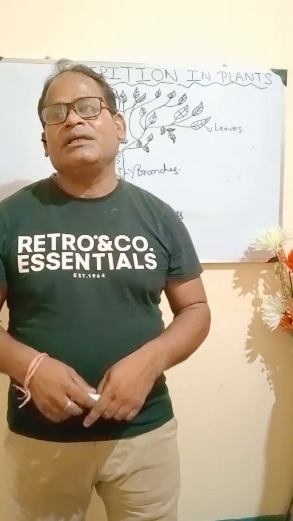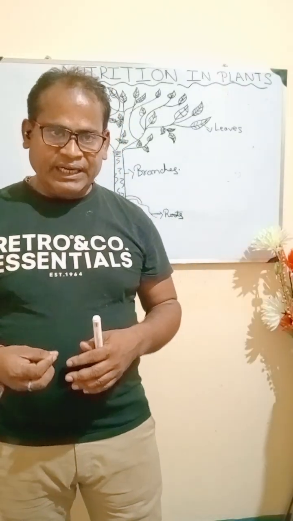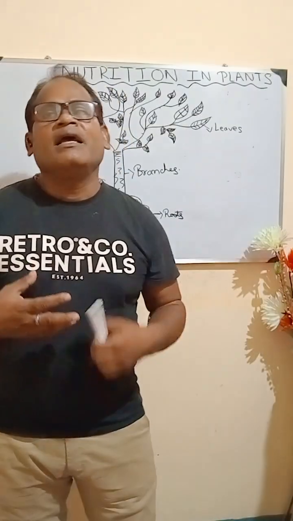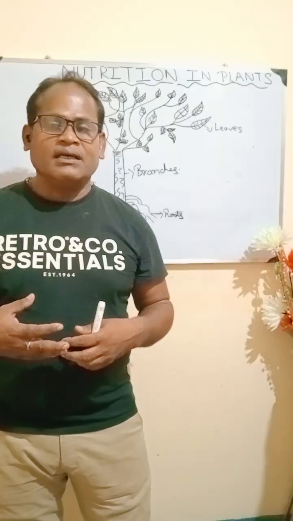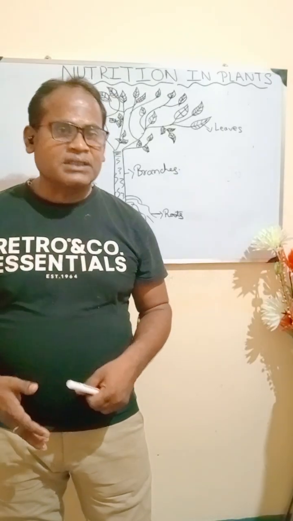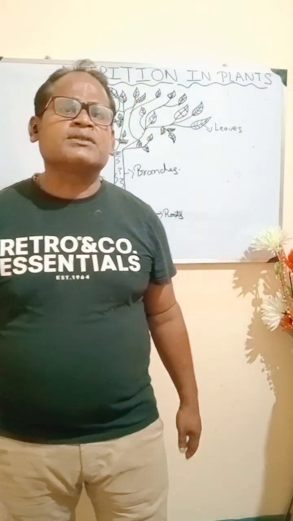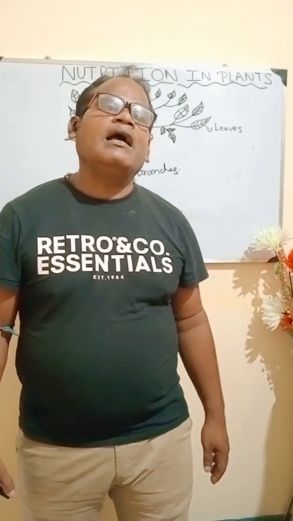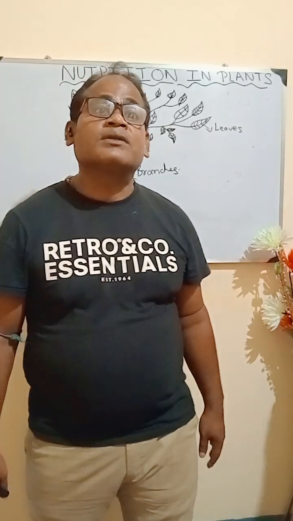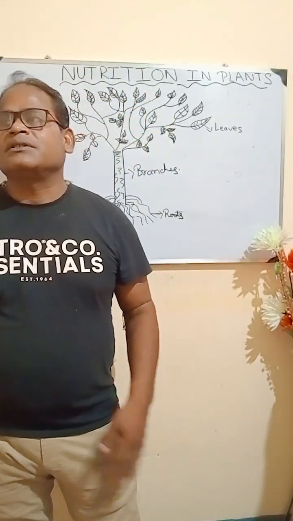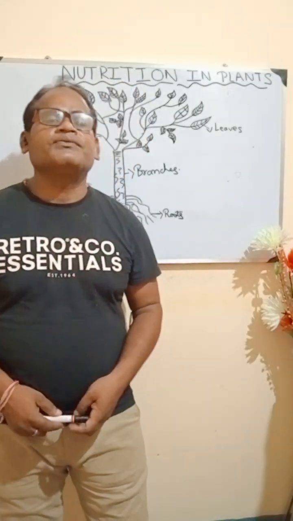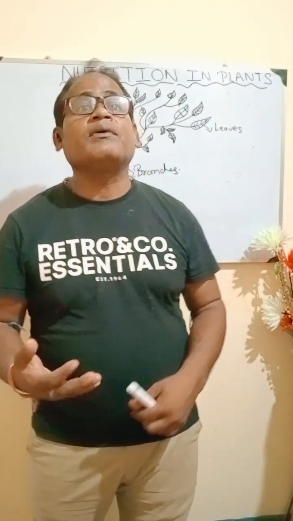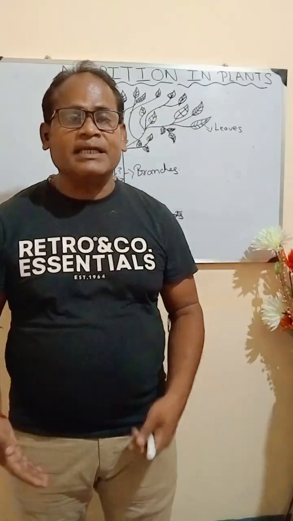The food that we eat gives not only instant energy. It also keeps us fit and healthy. It helps us to perform vital functions of life. So these are the things that food gives us. This food is very important, and the process of obtaining food and its utilization in the body is called nutrition.